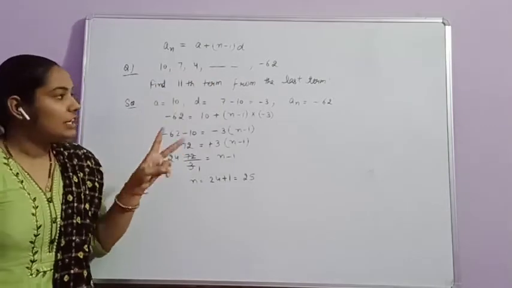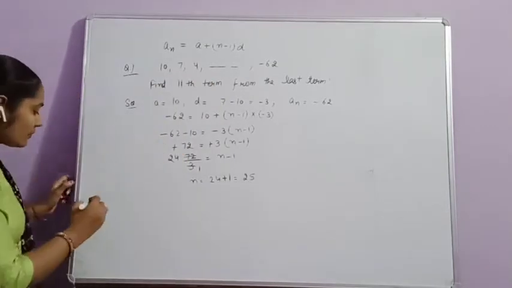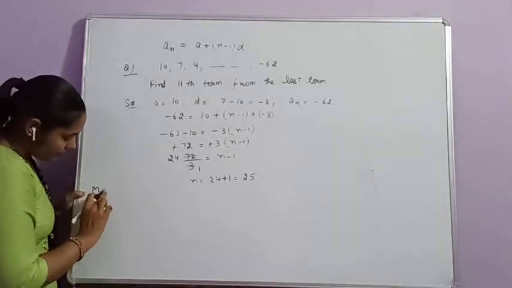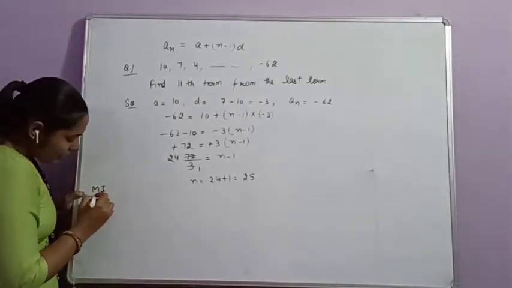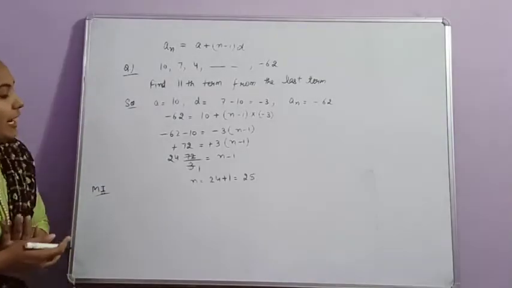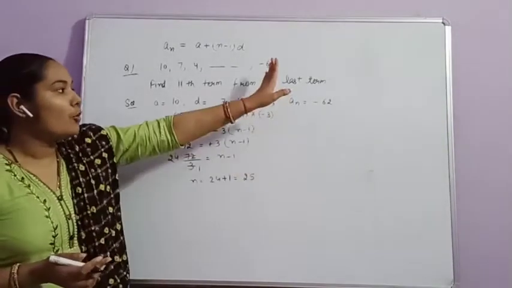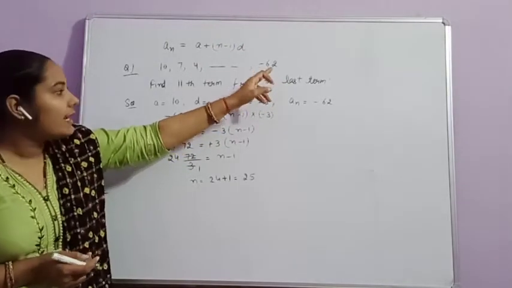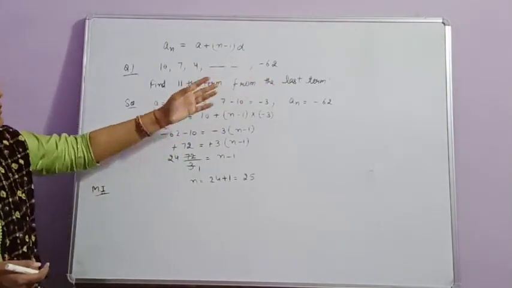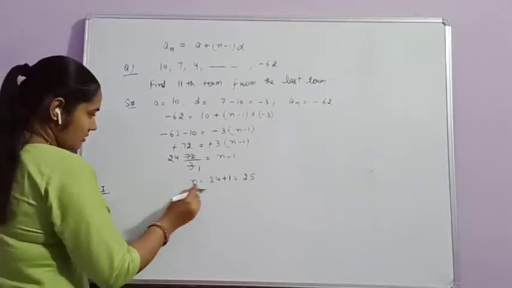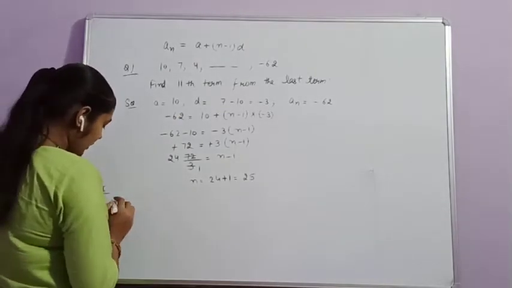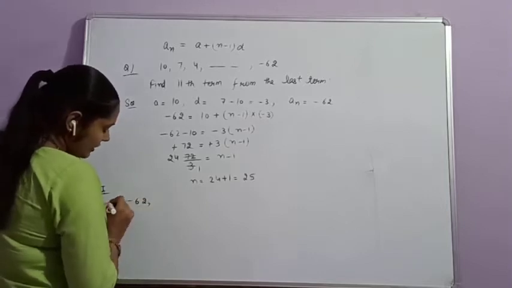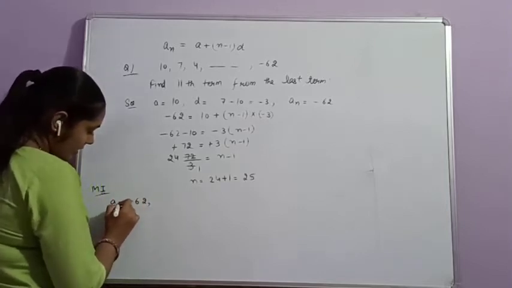We have to find the 11th term from the last term. We can find it in two ways. The first method: if we have to find the 11th term from the last term, then the last term will be our first term. The last term is the 25th term, that is minus 62, which will be our first term a.